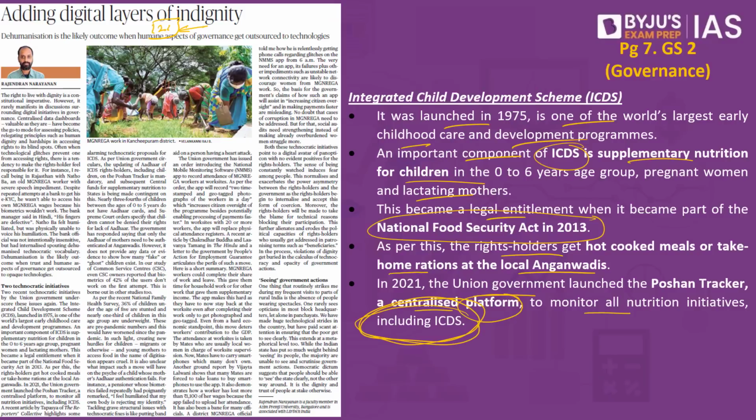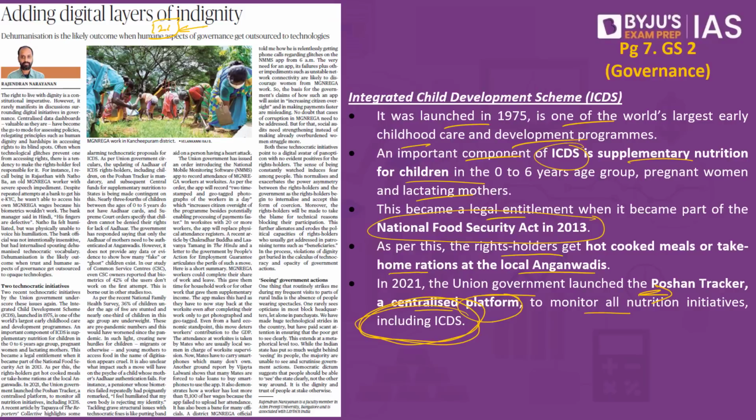The government of India came up with a tracker called the Poshan Tracker, where it will monitor this particular program. But what is the issue under this Poshan Tracker? People have to get their Aadhaar authenticated with this Poshan Tracker. In case their Aadhaar is not authenticated with this tracker, they may not get this ration, or they may not get the hot cooked meals as well.